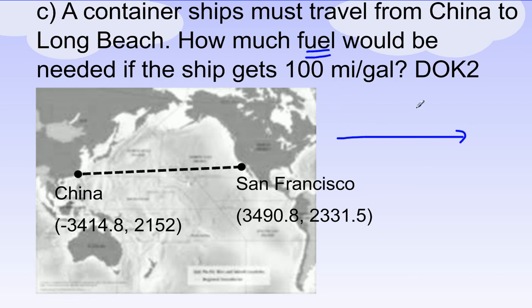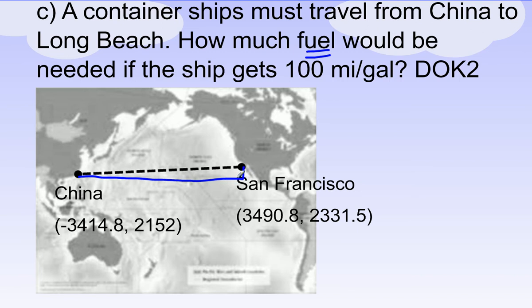If you go 1 mile, you don't need much fuel. If you go 1,000 miles, you need a lot of fuel. The way we can find the distance between those two cities using latitude and longitude is, you guessed it, a little Pythagorean theorem.